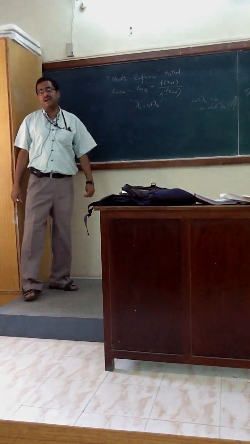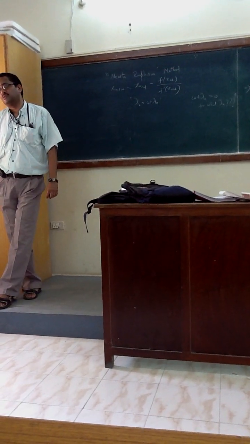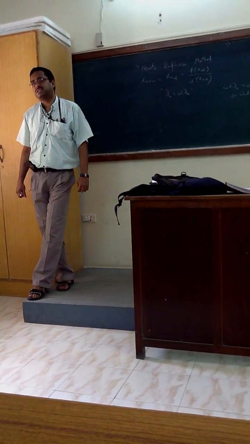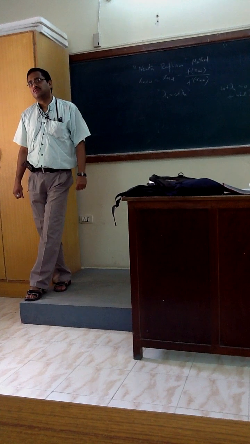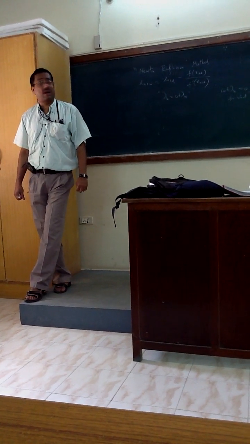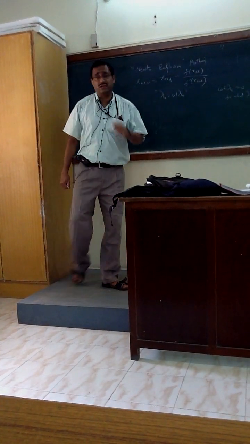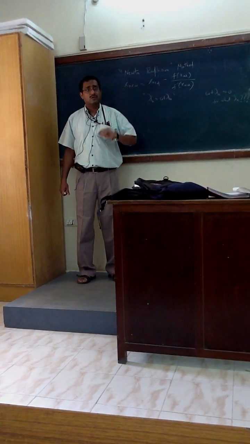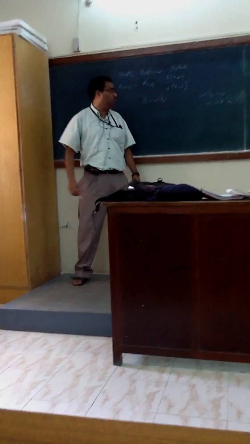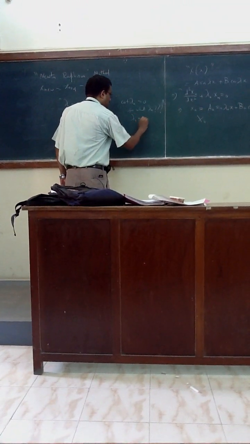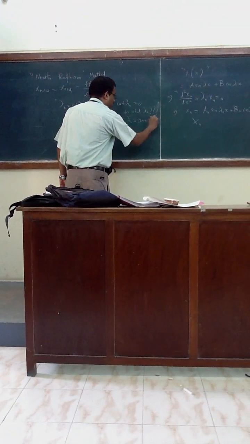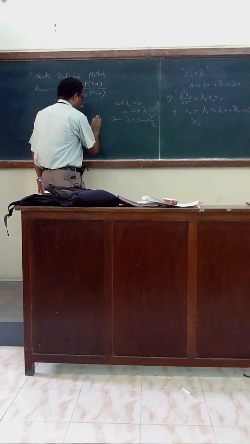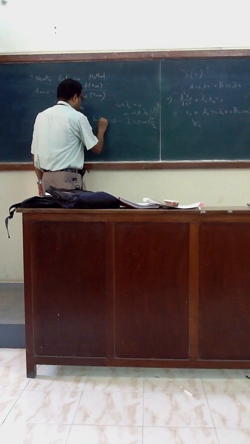That means cos lambda n by sin lambda n has to be 0, so cos lambda n equals 0. What is the value of lambda in that case? 2n plus 1, pi by 2. So that is the initial case for the iteration method.